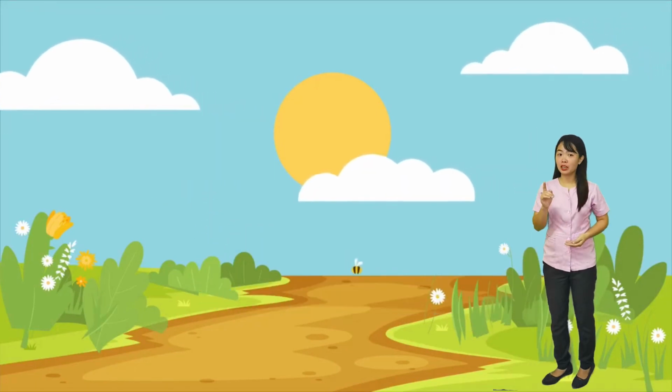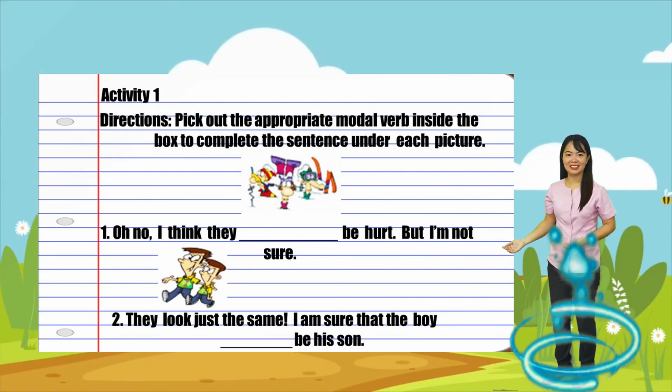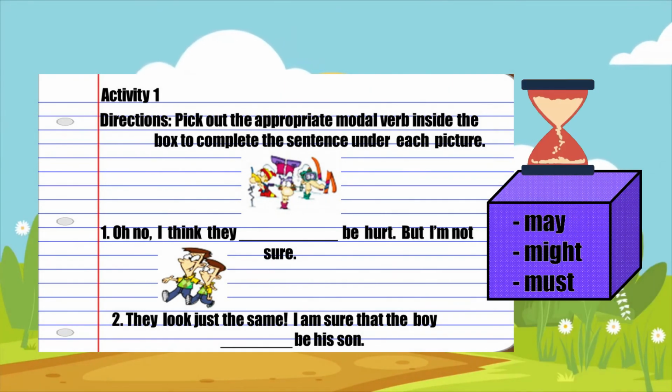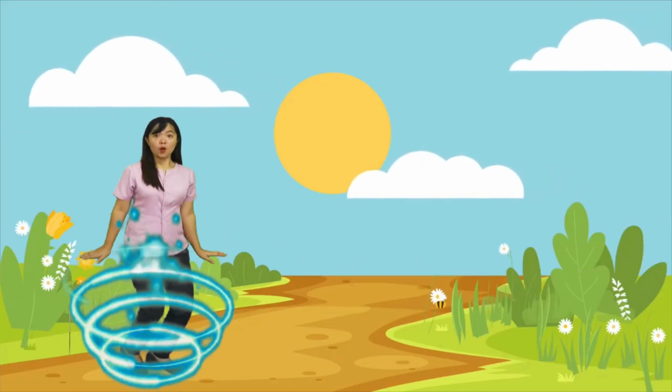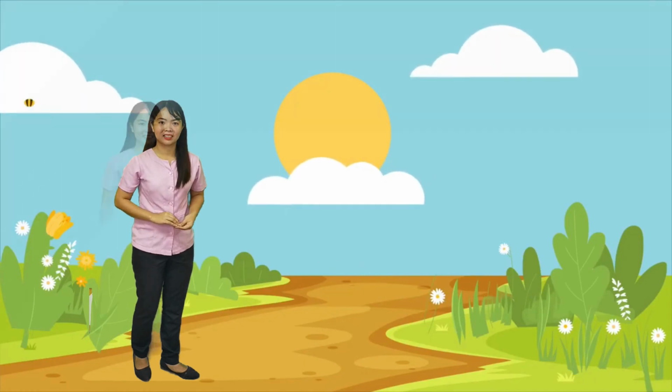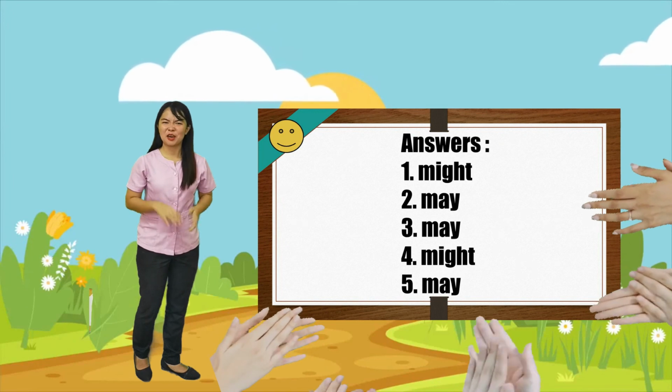I will give you 1 minute to finish this activity. Oops! Time is up! Let's check your answers. Are you all correct? Very good! I think you are now ready for our second activity.